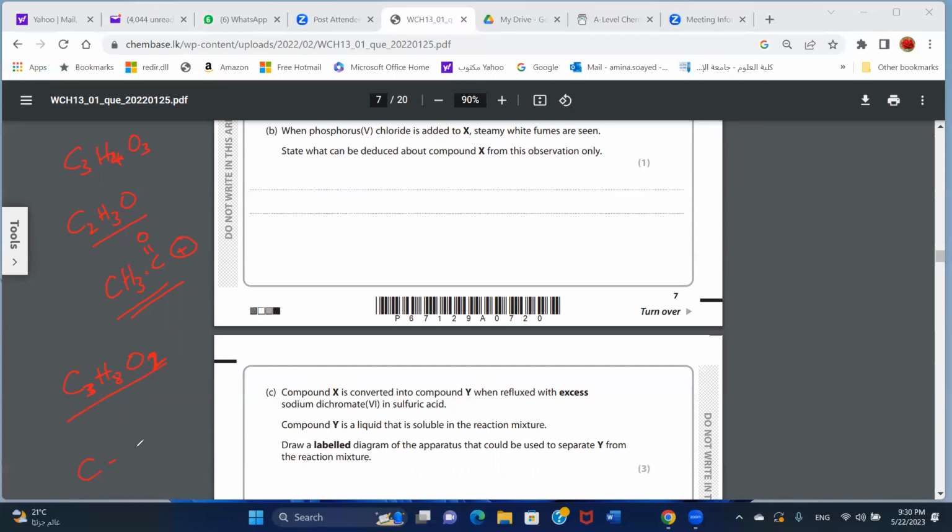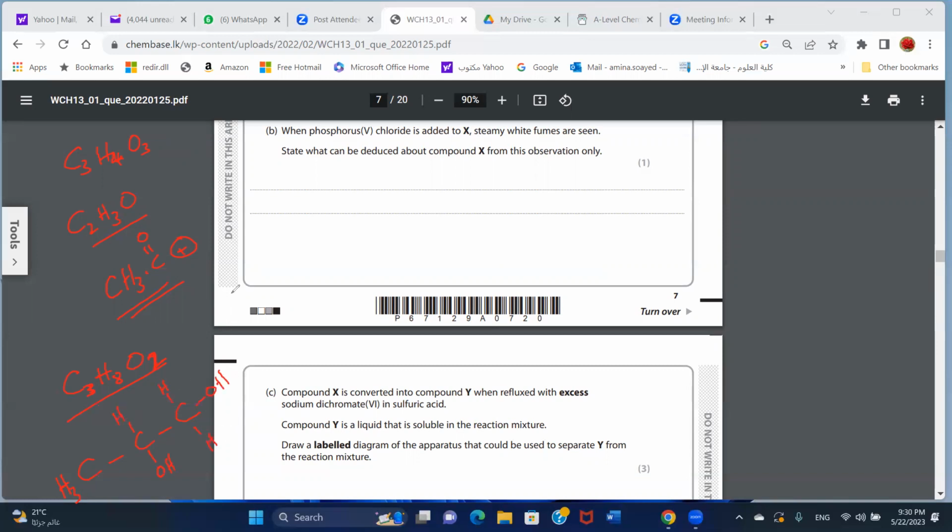We have 3 carbon atoms. And what else? So the first one would just be CH3, and then the second carbon would have one hydroxyl group and one hydrogen, excellent, and the third carbon would have two hydrogens and one hydroxyl group.